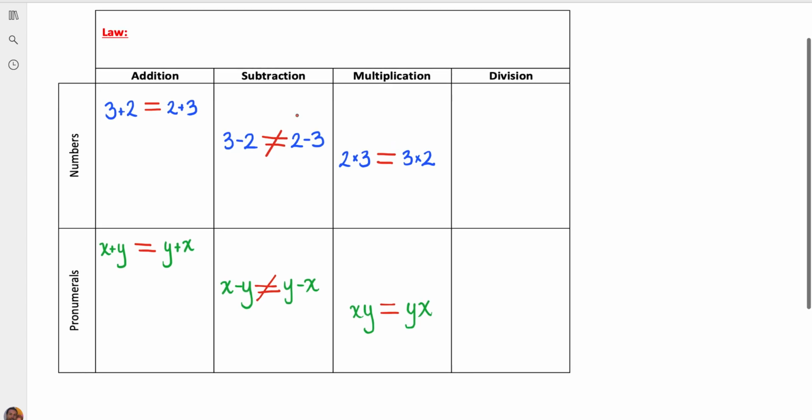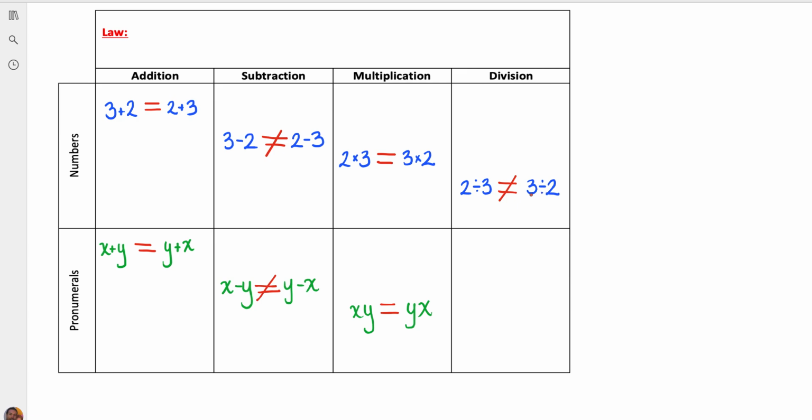Okay, let's talk about division. Is 2 divided by 3 the same as 3 divided by 2? I hope you're saying no, it's not the same, because if we write it in fractions, 2 divided by 3 is 2/3, whereas 3 divided by 2 is 1 1/2.